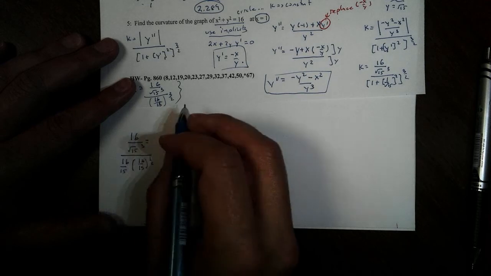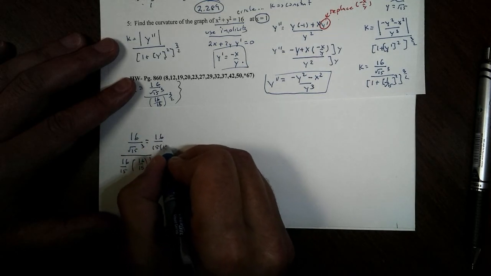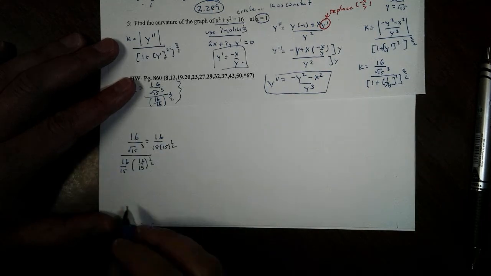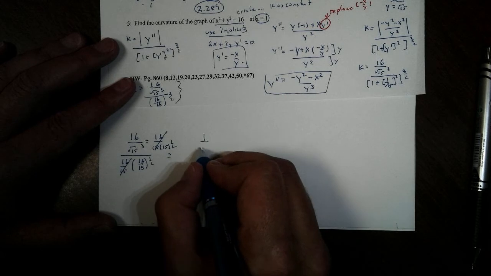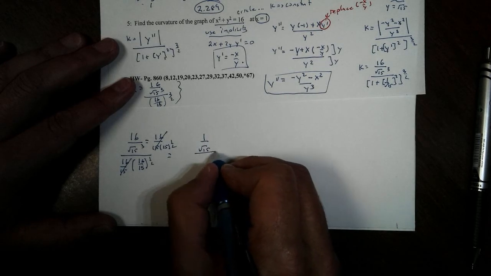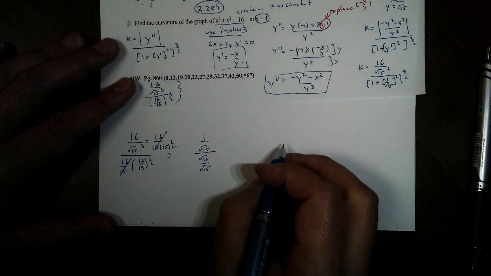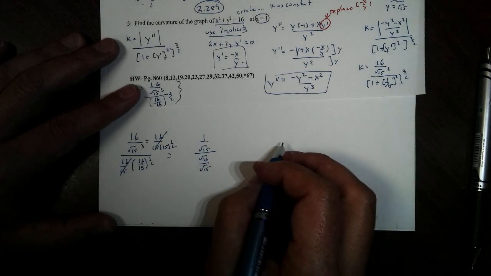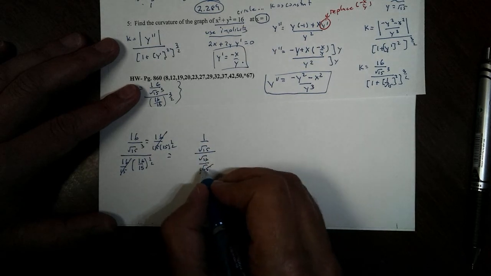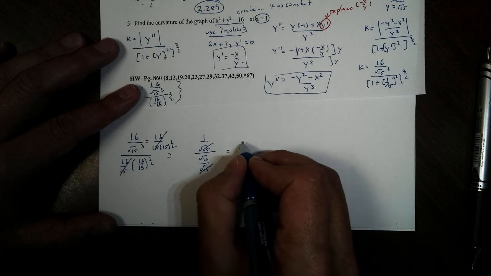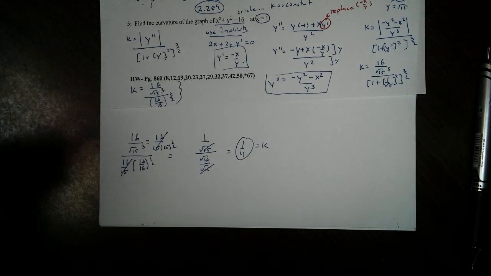Same thing up here. This is really saying 16 over 15 times 15 to the 1/2. So I can scratch those out, and what I'm left with is 1 over the square root of 15 over the square root of 16 over the square root of 15. And those square root of 15s will cancel, and we're just left with 1/4. So there's our curvature.